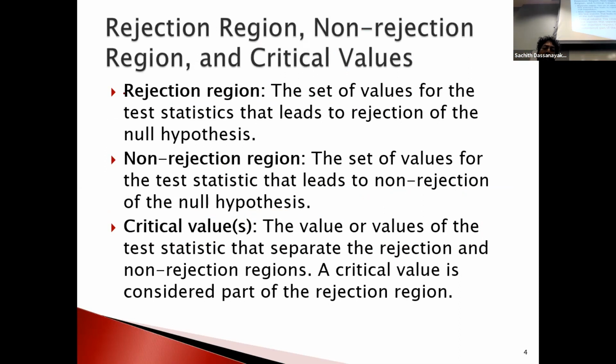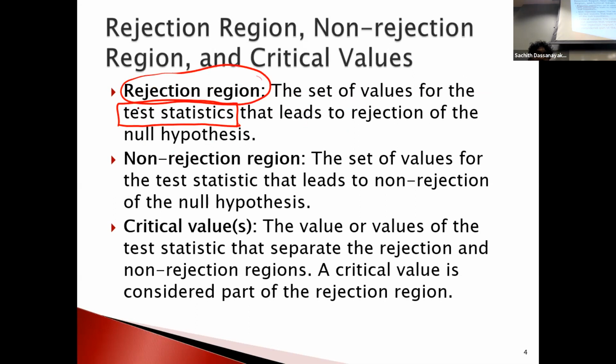First of all, let me explain what this rejection region is. We check our test statistic value to see whether it is in the rejection region or not. That's how we check it. A test statistic that leads to rejection of the null hypothesis means that if my test statistic is in this rejection region, I'm going to reject my null hypothesis.